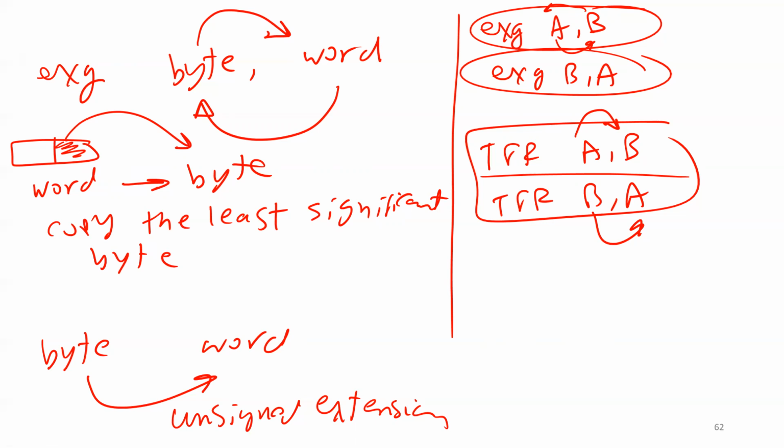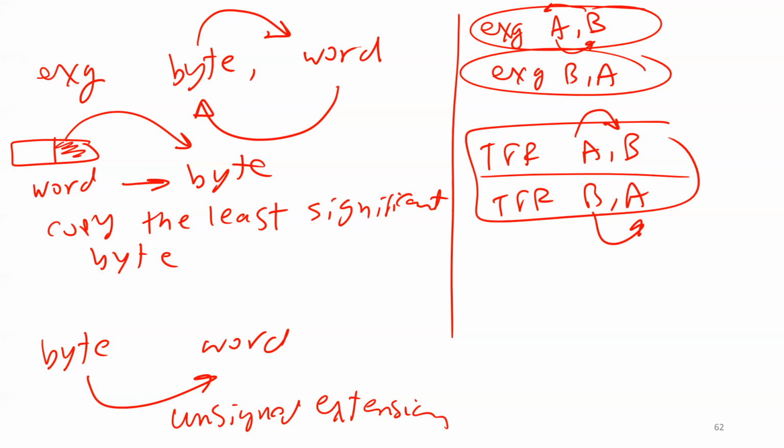However, the difference between transfer and exchange is that exchange is going to do unsigned extension, while transfer is going to do signed extension. So when you transfer a byte to a word, you do signed extension. Exchange does unsigned extension when you extend the byte to a word. Is that okay, guys? Any questions?